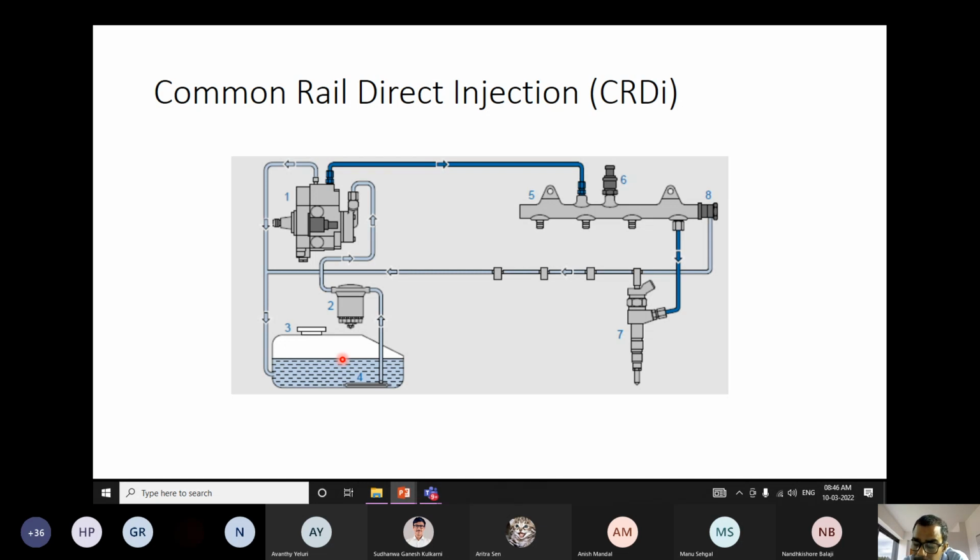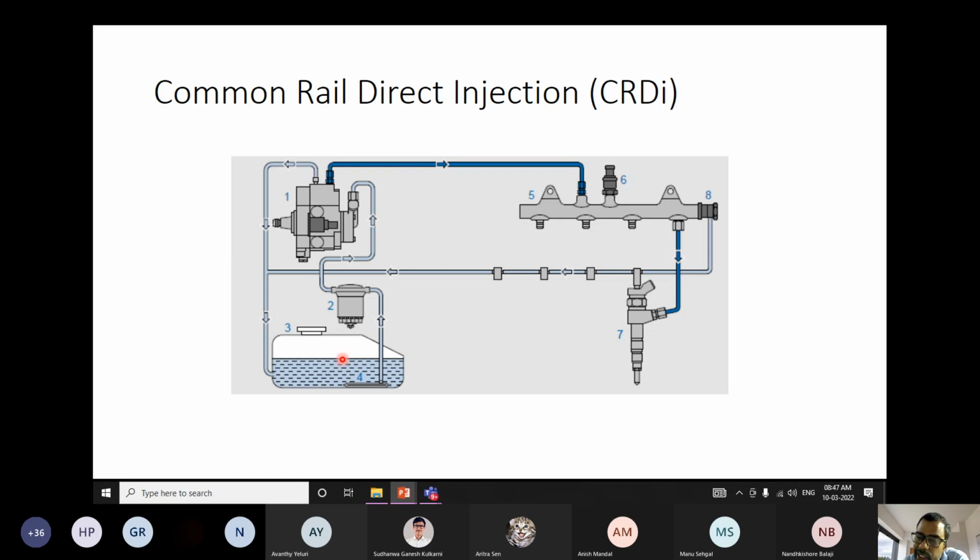Instead of one fuel injection process, we may have even two or three, depending upon whether your system can support it or not. Whatever fuel injection takes place towards the end of the compression stroke, that we call main injection.